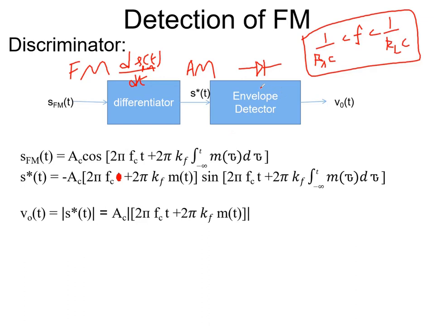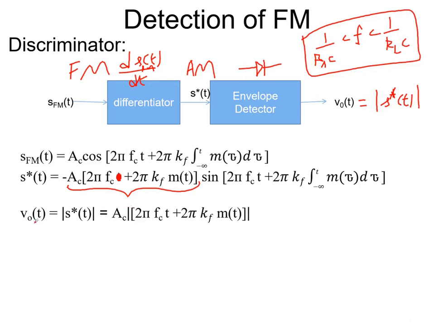Now if you know about the envelope detector, what it is trying to do is take the envelope of this S star of t, which is your differentiator output. From our concept, you know that this represents the envelope part.